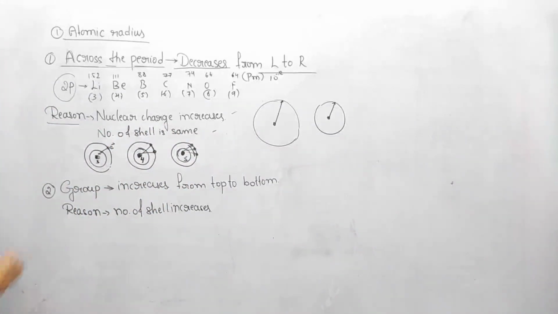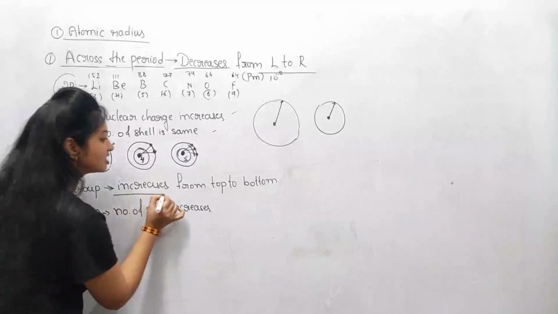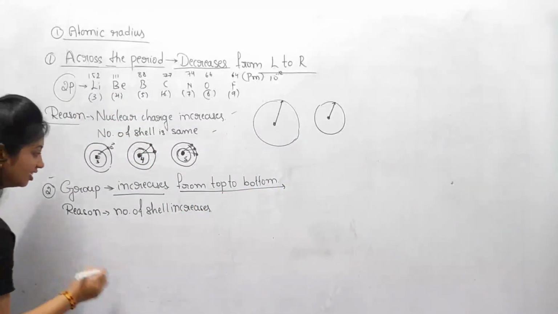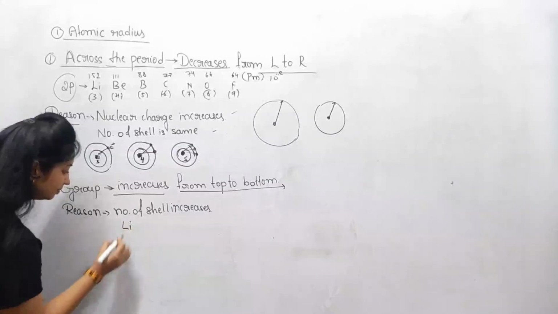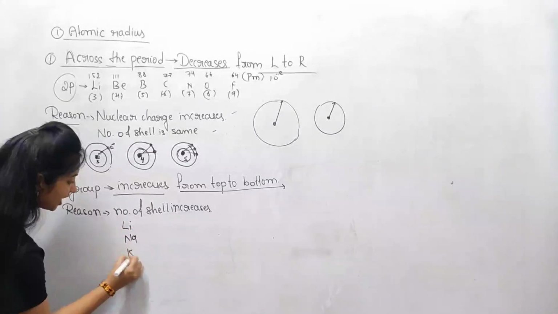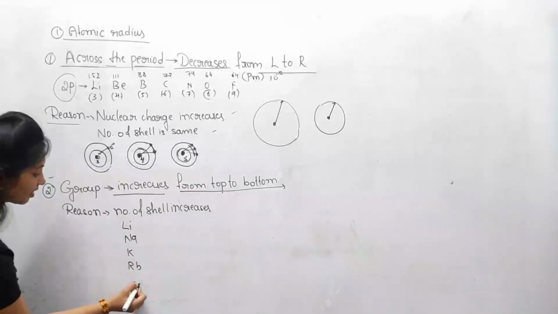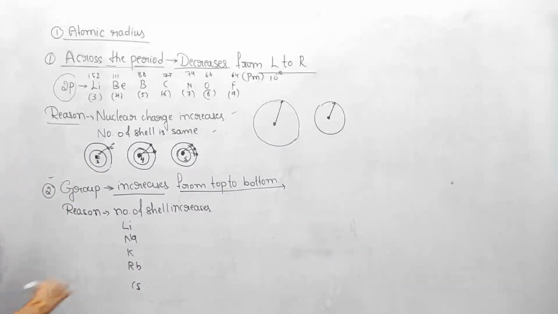And then what about the group? Along the group, the atomic radius increases from top to bottom. Consider lithium, sodium, potassium, rubidium, cesium. Here what happened?